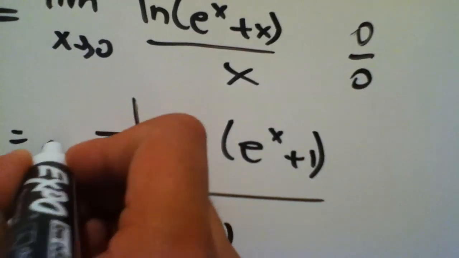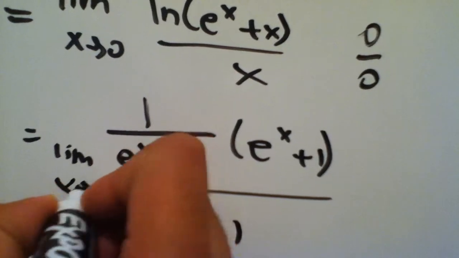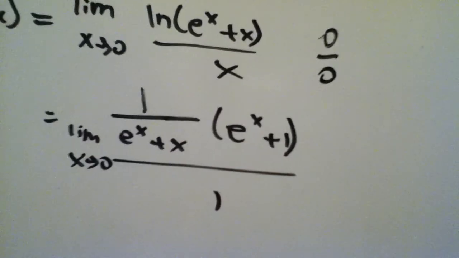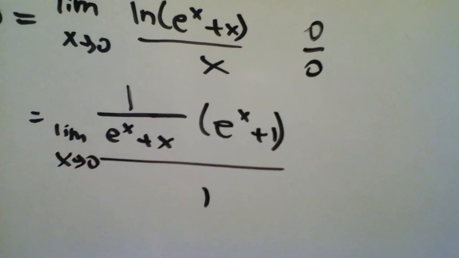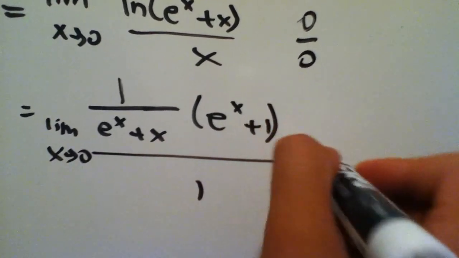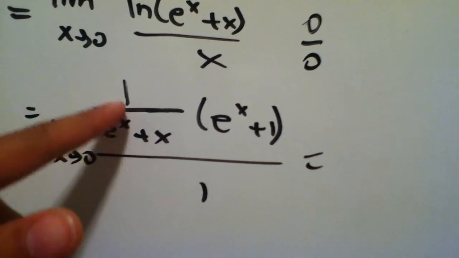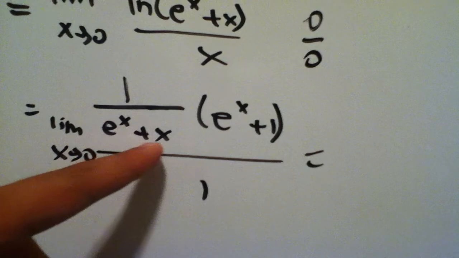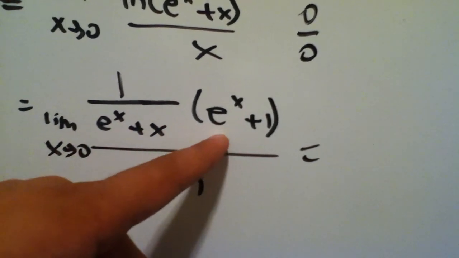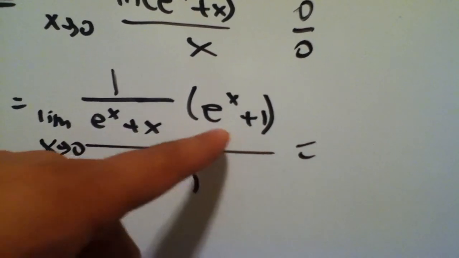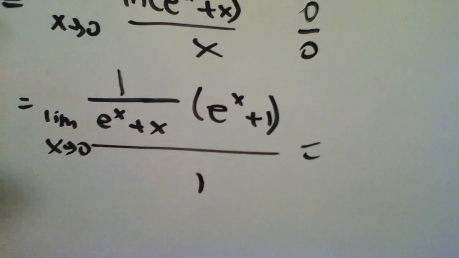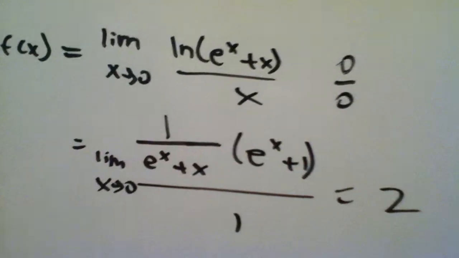And let's not forget the limit, x approaches 0. Now if we do this, we get 1 over 1 plus 0 is 1, and then that's 1 plus 1, so it's 2, so 2 times 1 over 1 is 2.